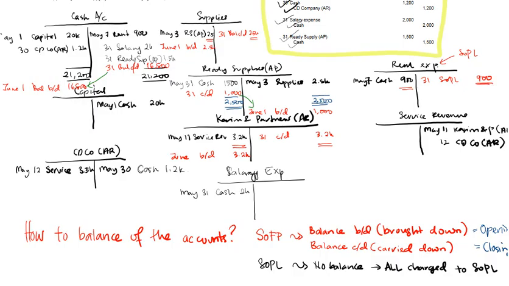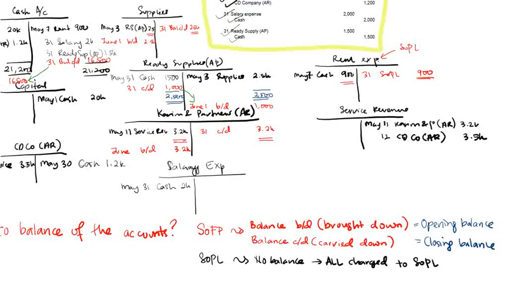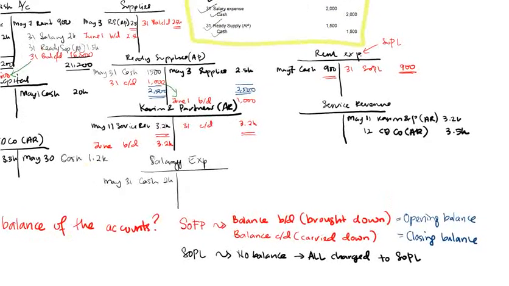Then, what about service revenue? Similarly, since this is also another item that you will charge to the statement of profit or loss, it will not have any balance. So let's total up both sides. 6,700 total revenue. And we need a balancing figure on the left side.